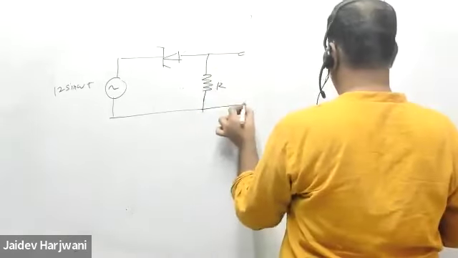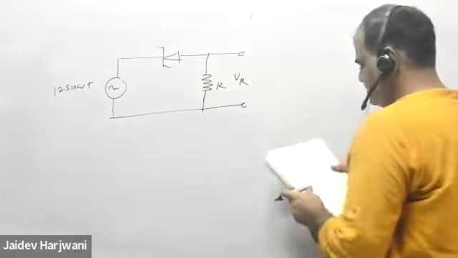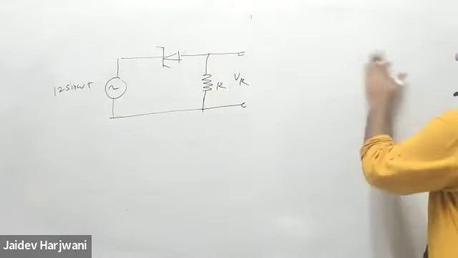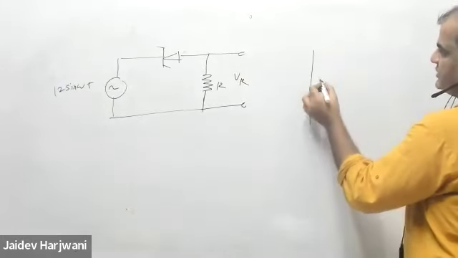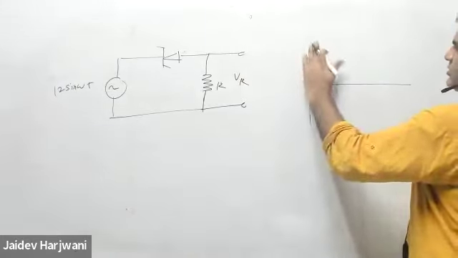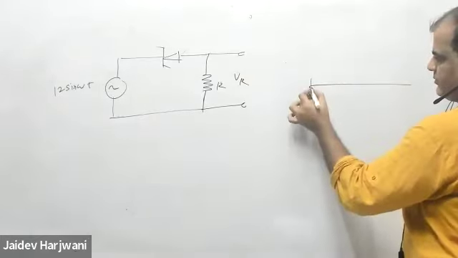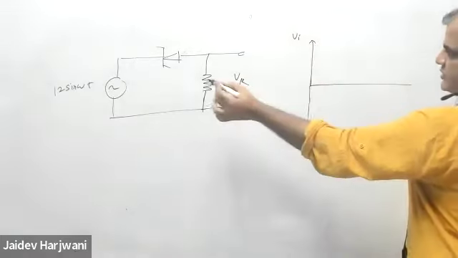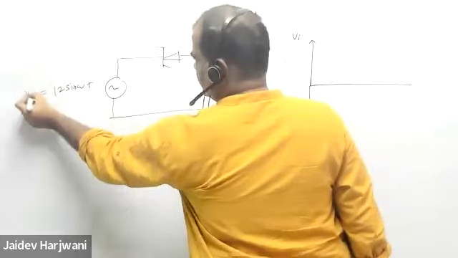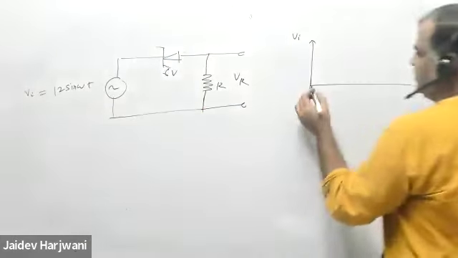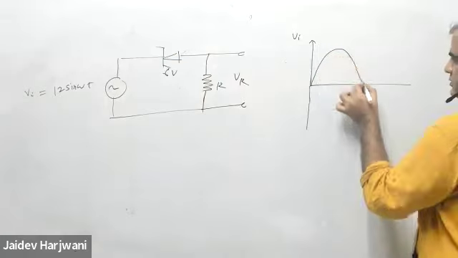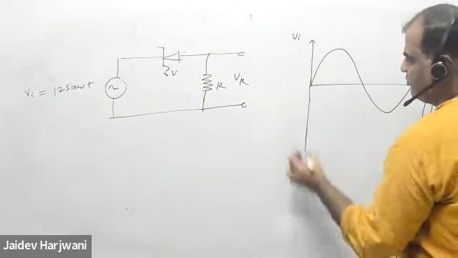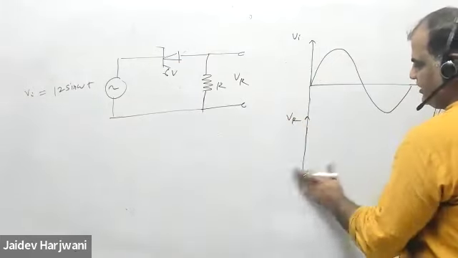And this is your V across resistance. This is the V load. Now I want to plot the output curve. Input curve is given to me. V input is given as 12 sine omega t. And this is 6 volt. Now I want to measure what is my VR.